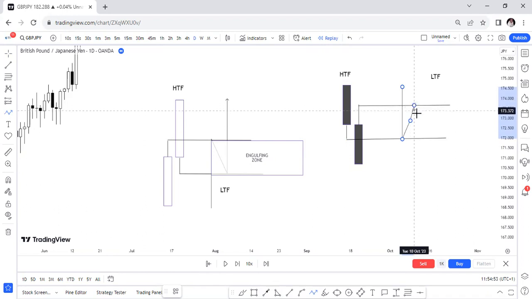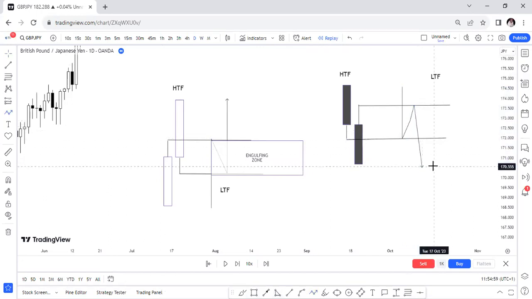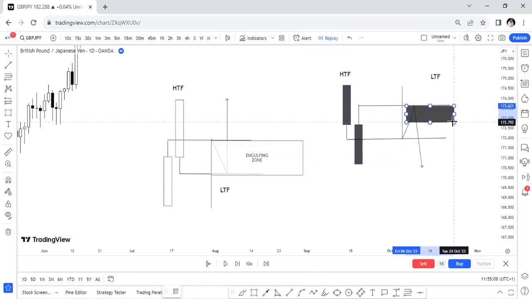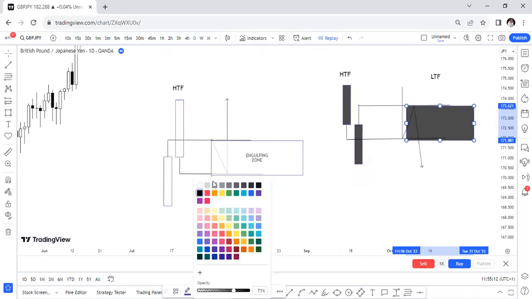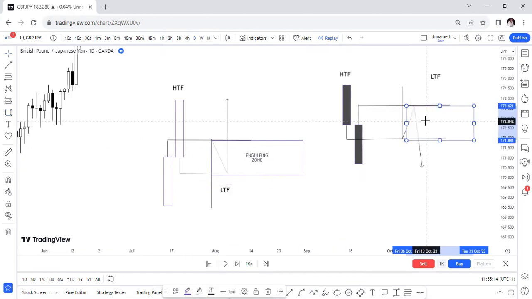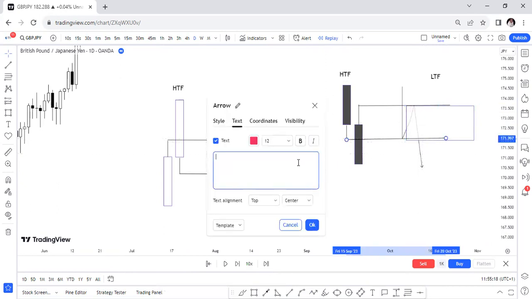It starts coming down. Sellers will try to battle it down to this new lower low. So this place has become what we call an engulfing zone, which was hidden in a higher time frame.